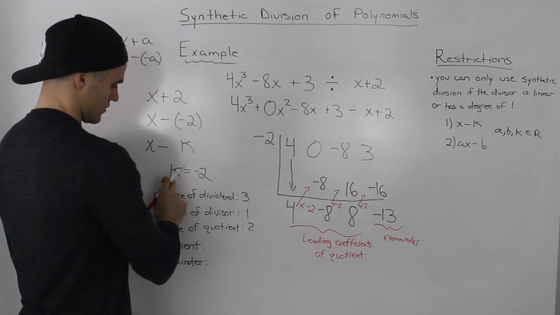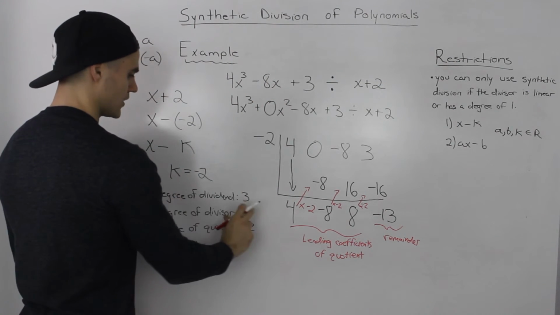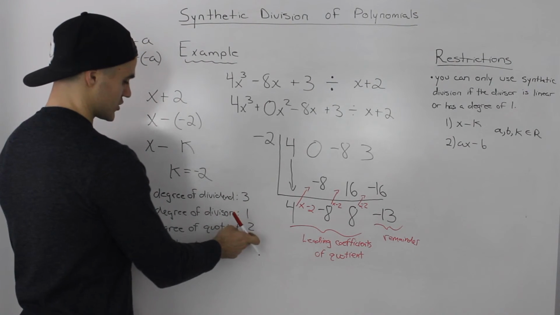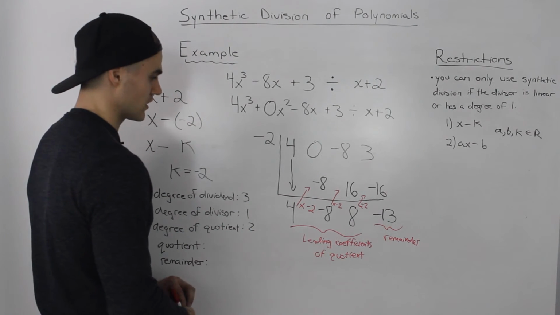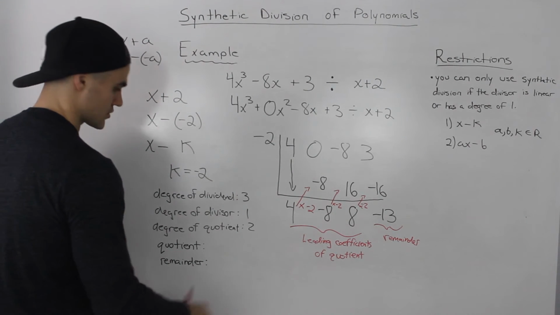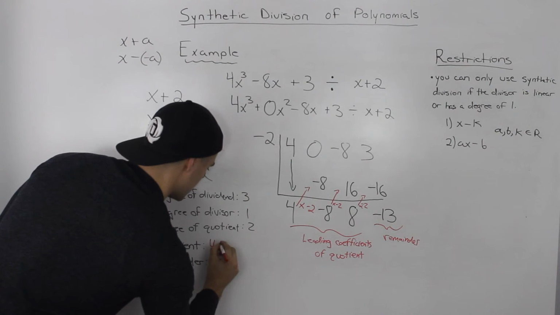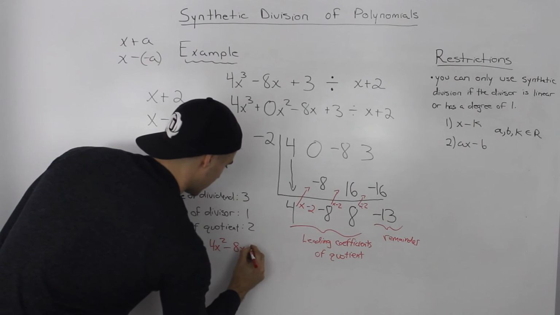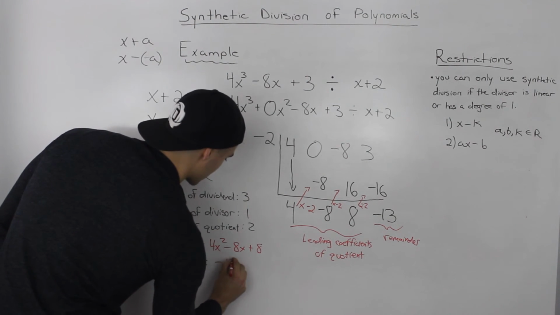So if you notice, the degree of our dividend was 3, the degree of our divisor was 1. So the difference between those degrees is 2, and that gives us the degree of our quotient. So we know our quotient is going to have a degree of 2, and it's going to have these leading coefficients. So our final answer, the quotient, is 4x squared minus 8x plus a constant of 8. And our remainder is negative 13.